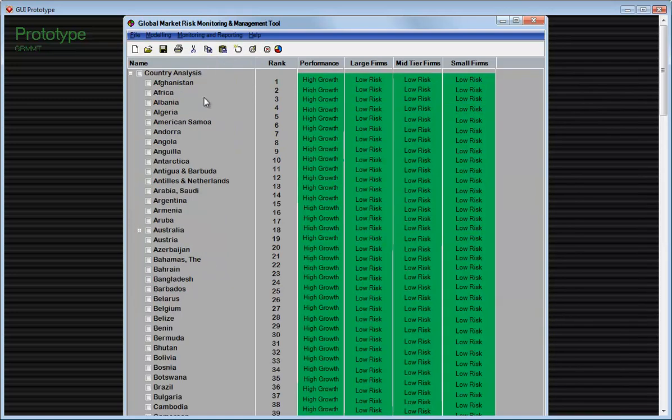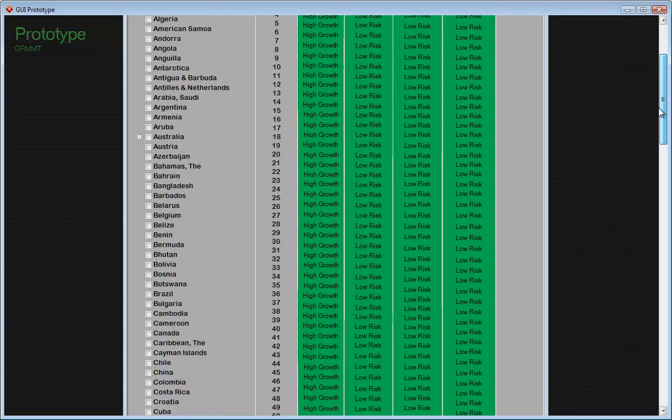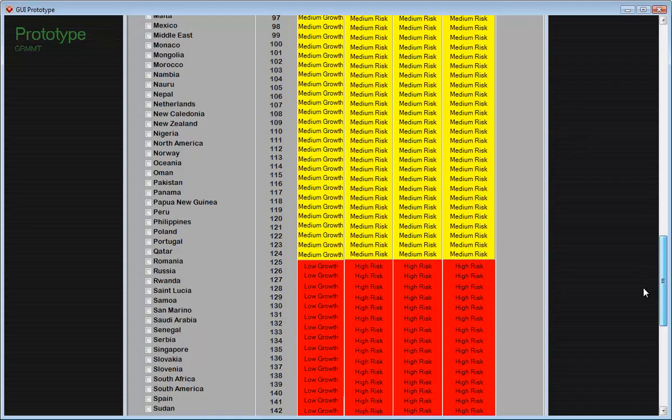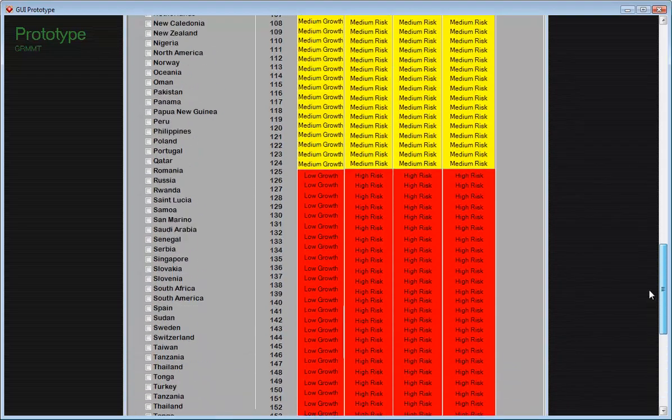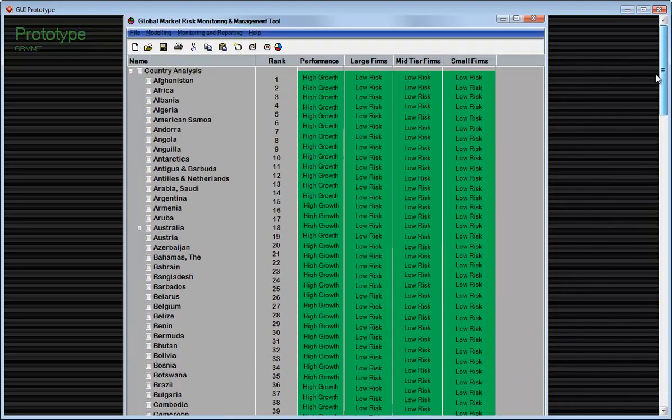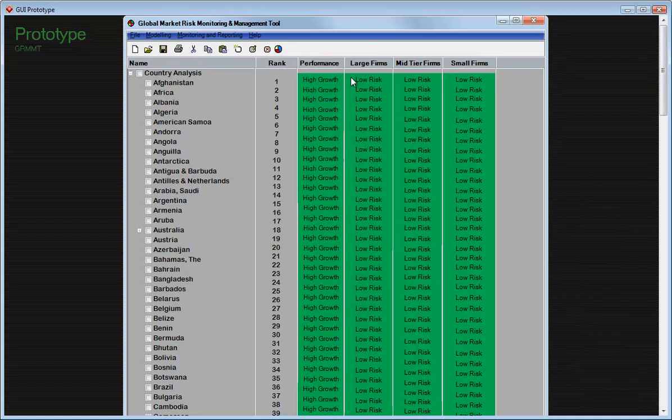Here we might focus, for example, on country analysis, and it's not dissimilar in design to the regional layer, where we have in effect all the countries of the world down the left, and we have our economic sensitivities down the bottom, and once again our performance matrix, once again looking at overall growth and measuring growth, and also risk amongst firms within these different countries.